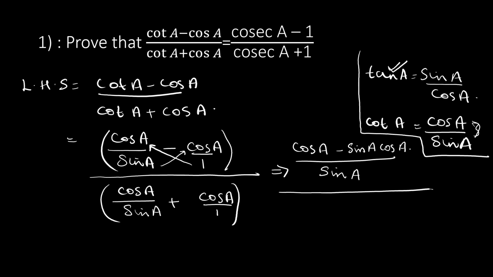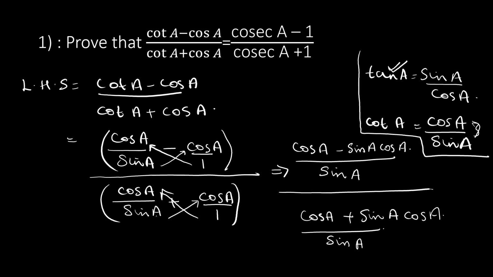Here it is cos A plus 1, therefore the LCM is sin A into 1, that is sin A. In the numerator it will be cos A into 1, that is cos A, plus sin A cos A. We'll write the remaining in the next slide.